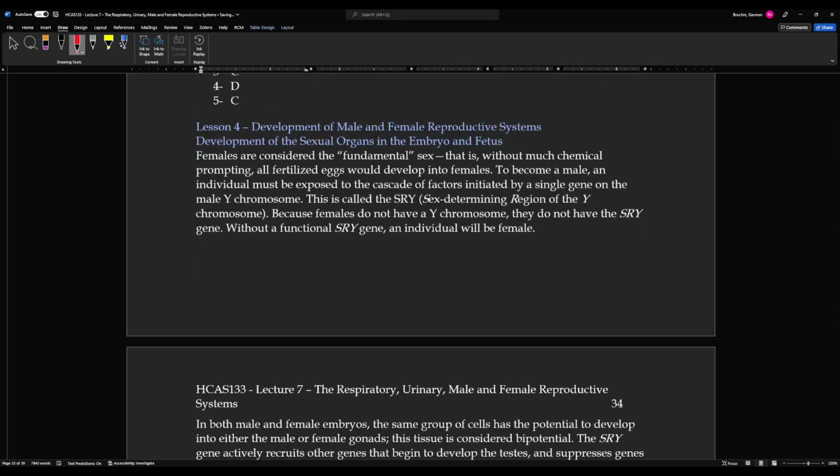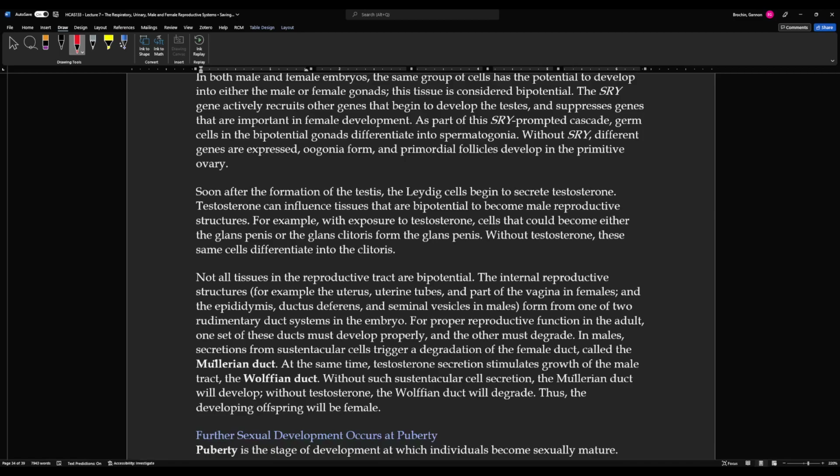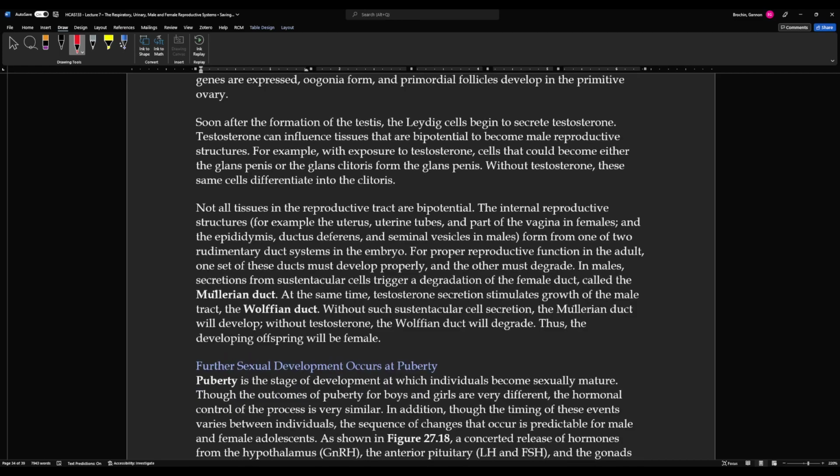And part of that process would essentially be the creation of the Y chromosome. Other than that, though, a lot of processes are very similar. Early on, the eggs will start to develop pretty soon, and development follows from there.